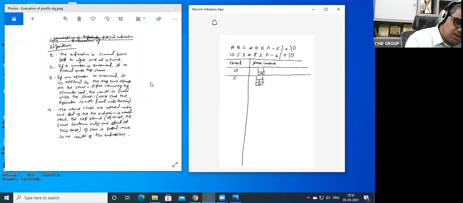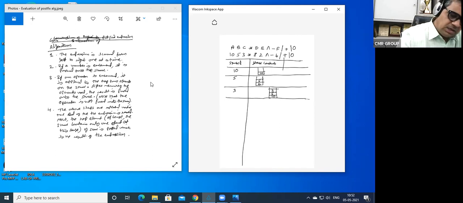And next comes 3. Now 3 comes in again. So the stack has 10, 5 and 3. Got it till now? All are operands only. Then comes something very important. You see, I will also write the operation here.